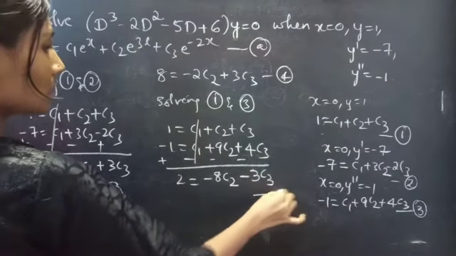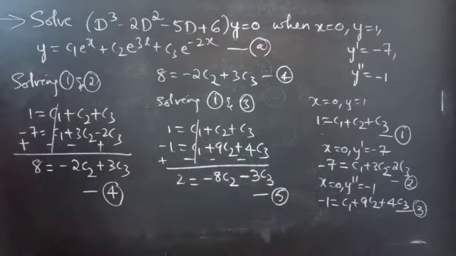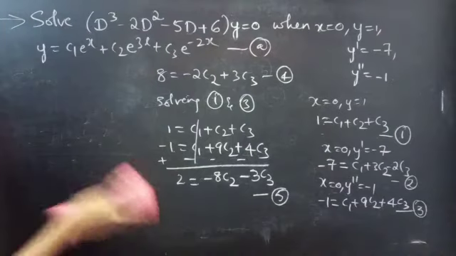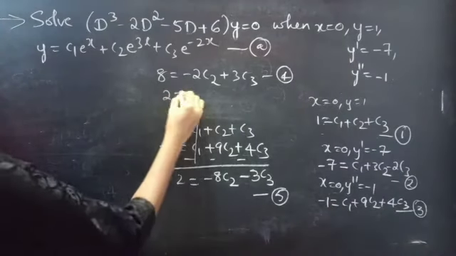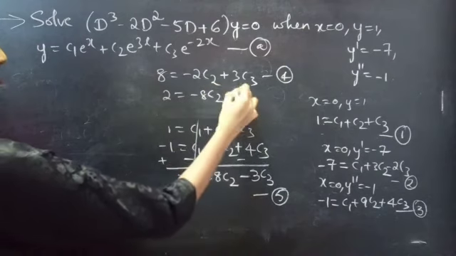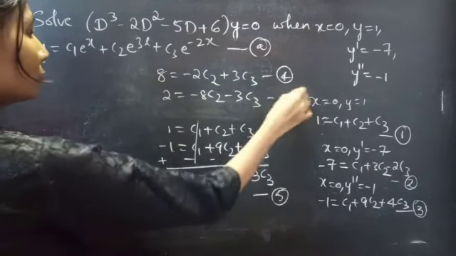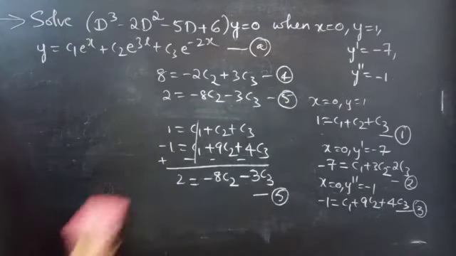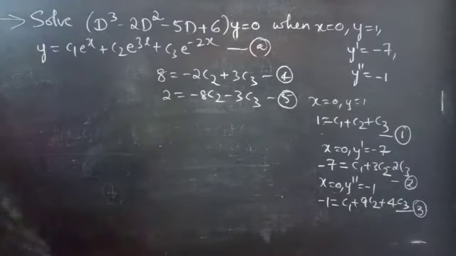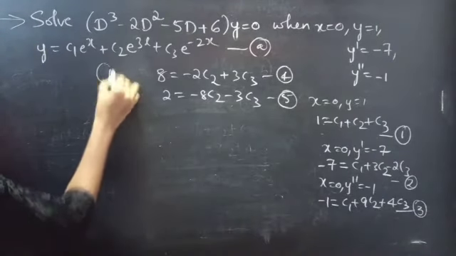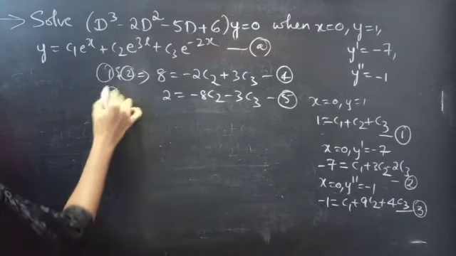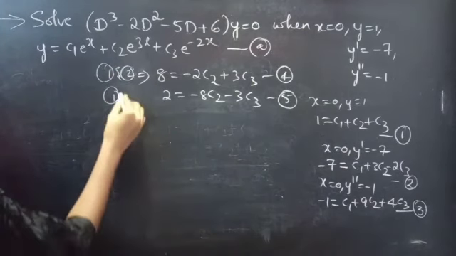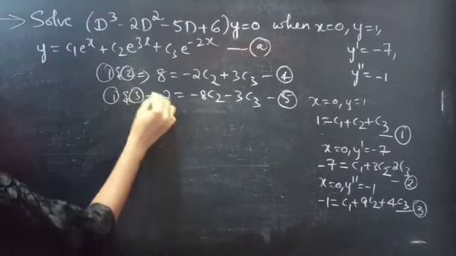So consider this equation as equation 5. We got equation 4 by solving 1 and 2, and we got equation 5 by solving 1 and 3.